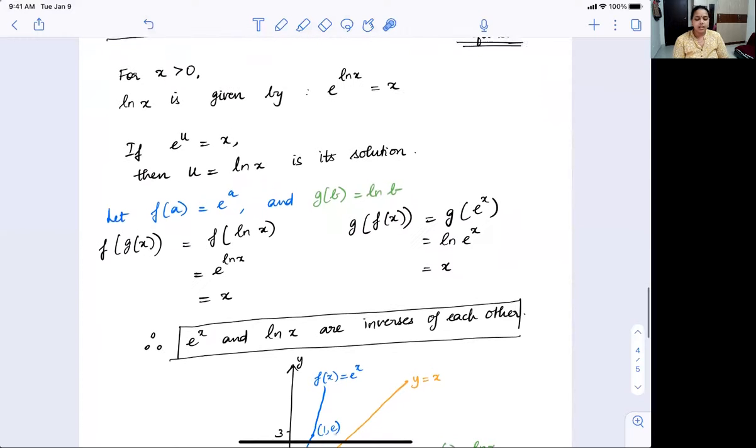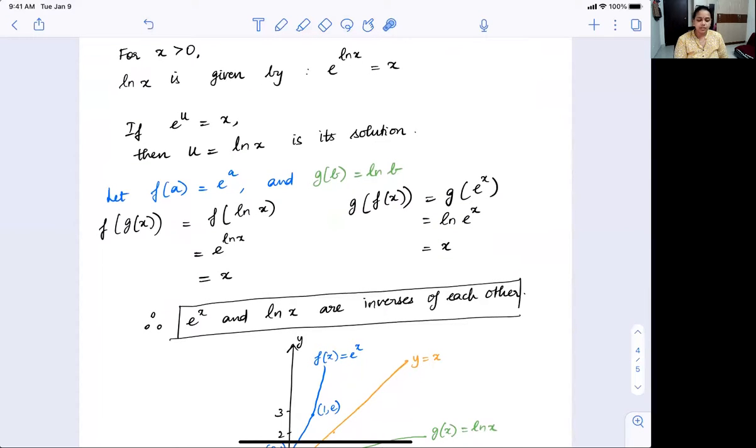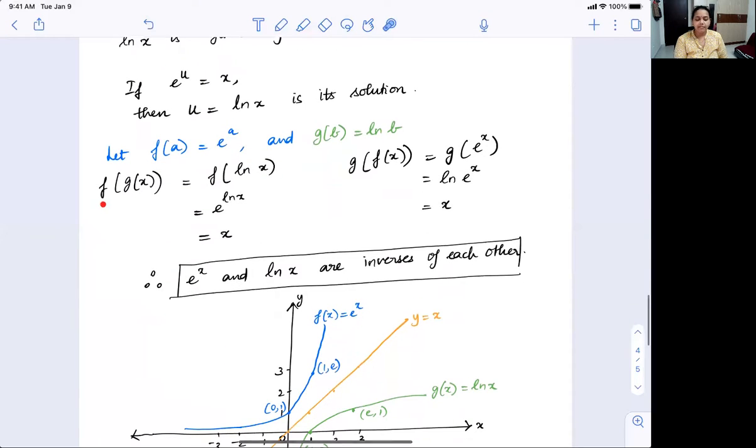Let me define two functions: f of x is e to the power x, and g of x is ln x. Now f of g of x is f of ln x, and e to the power ln x is nothing but x. So f of g of x gives me x again, which means that f and g are inverses of each other. Let's try it the other way around.